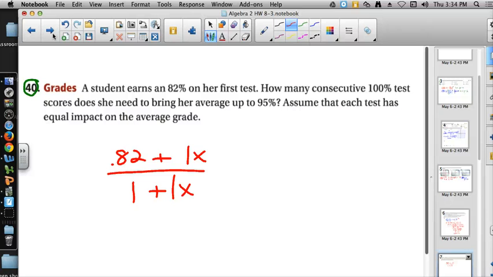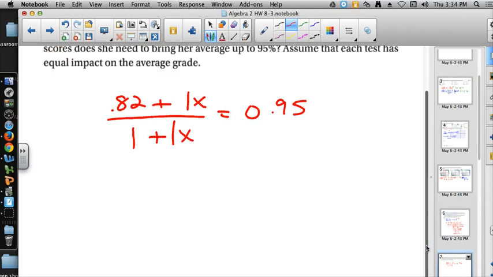And what we want is for that to come out to be 95%. So again, rather than trying to graph it on the graphing calculator as y sub 1 and y sub 2, I'm going to cross multiply, so 0.95 times x plus 1, or 1 plus x, it doesn't make any difference, equals x plus 0.82.